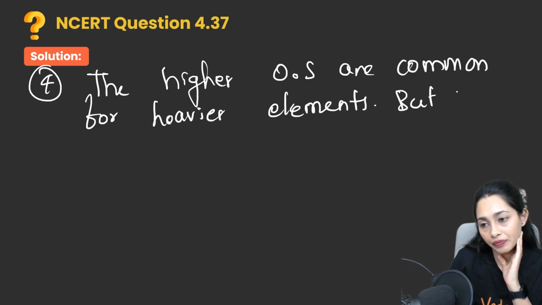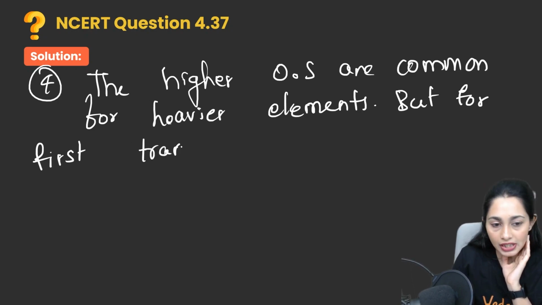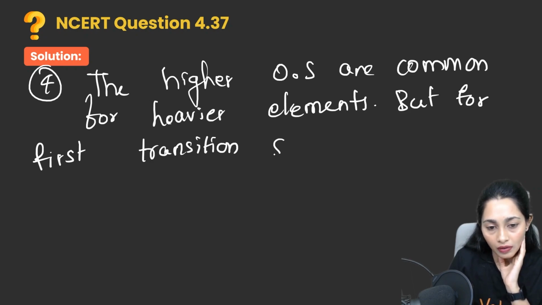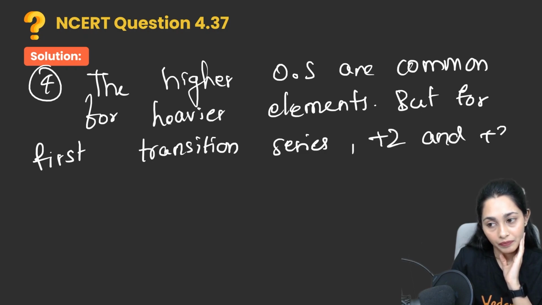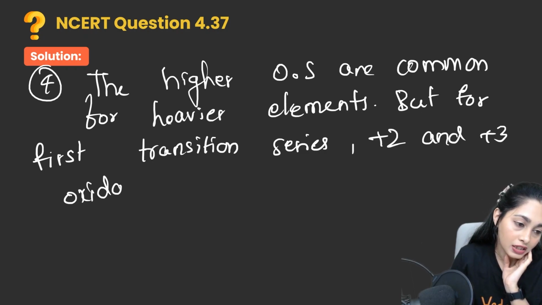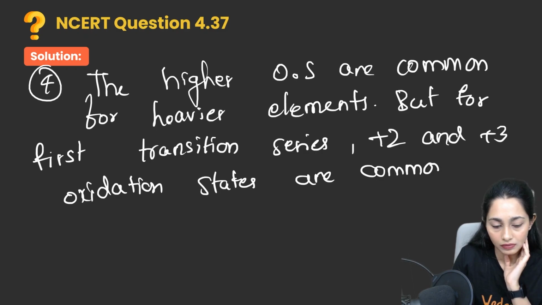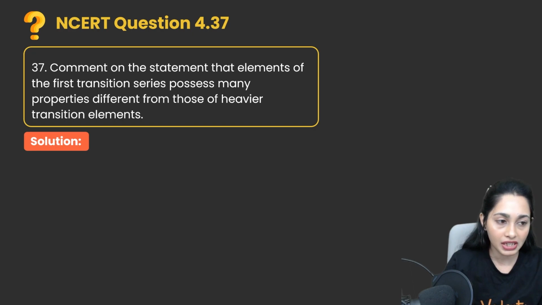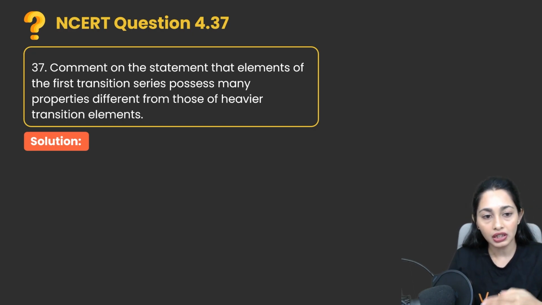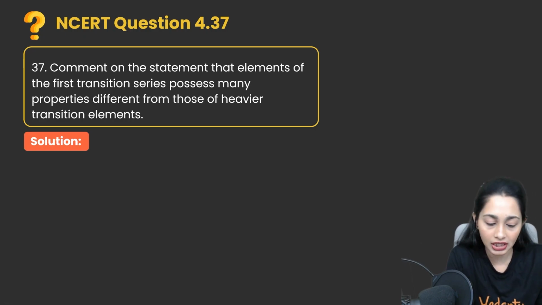But for the first transition series, which oxidation states are common? +2 and +3 oxidation states are common. So this is about the differences between the first transition series and those of the heavier transition elements, that is second and third transition series.